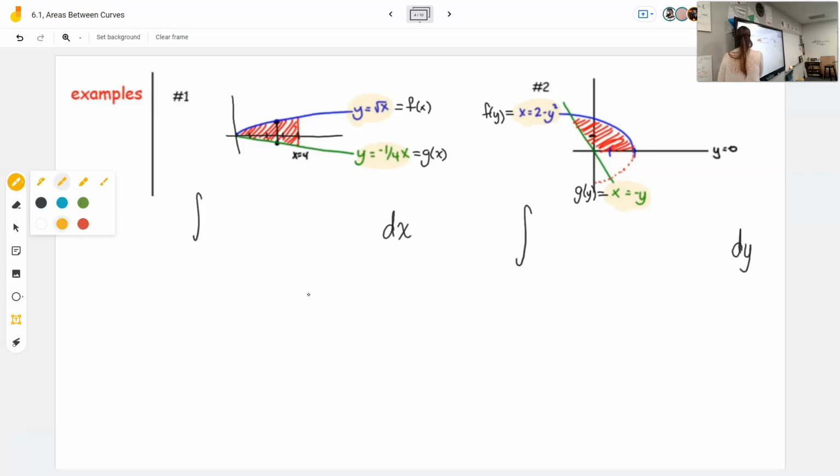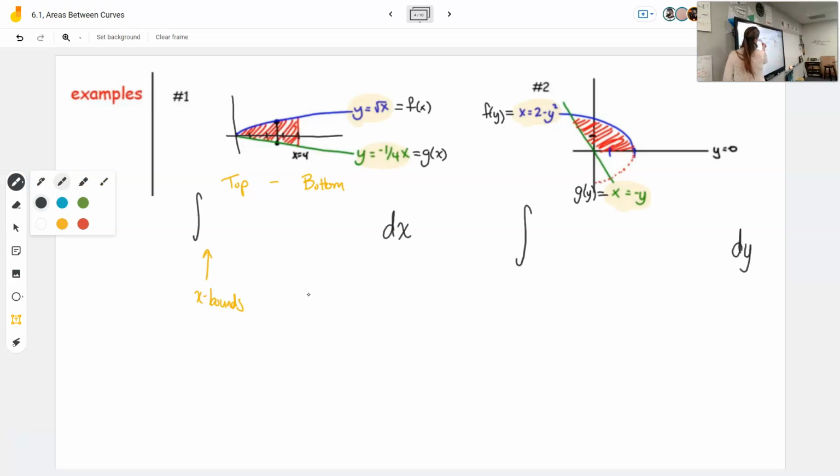Question, what are our x bounds? Think about what's on the x-axis. What's the farthest left x and the farthest right x for this picture? 0 is the farthest left, and then what's the farthest right? 4. It's probably easier if you're looking on your Jamboard. It's a little bit hard up here.